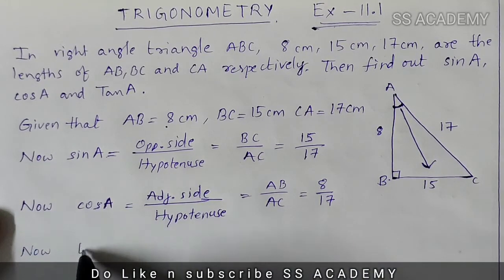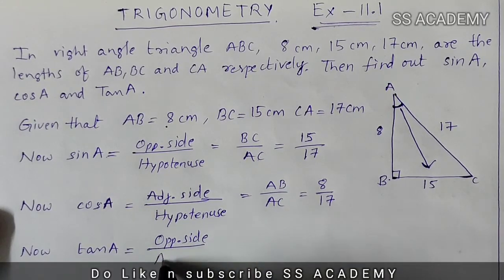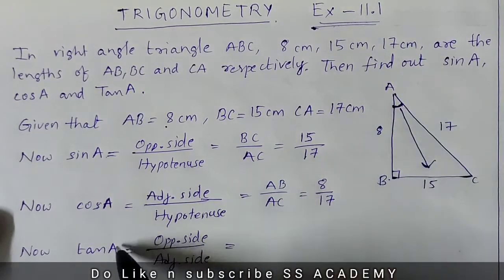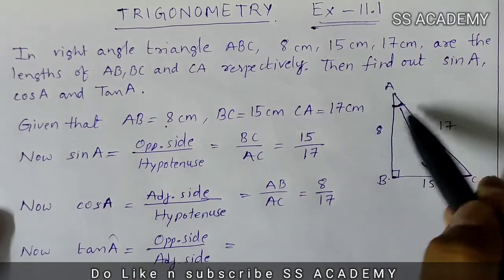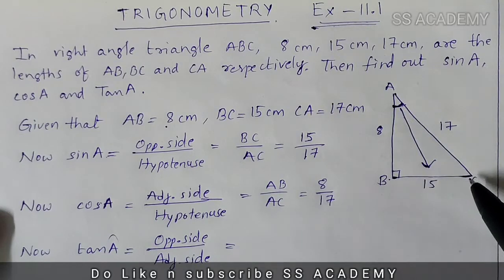Now tan A. So we know that tan A is equal to opposite side by adjacent side. So here it is again tan of angle A. So you have to consider angle A, and to which BC is the opposite side.